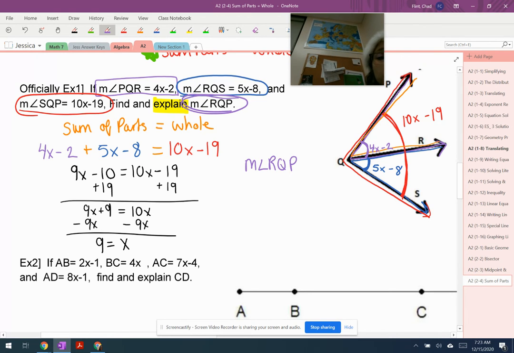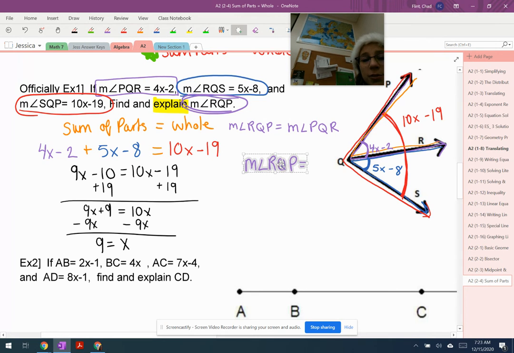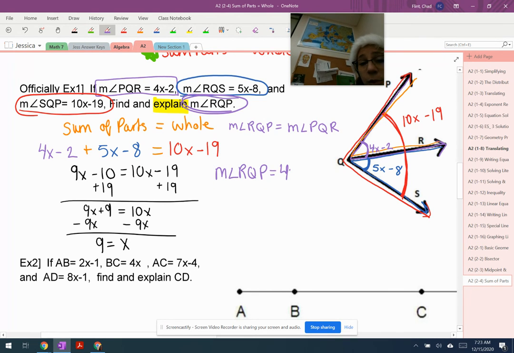First, I think we should write a quick little sentence that says the measure of angle RQP is equal to the measure of angle PQR. Those are the same angles, just written backwards. So the measure of angle RQP is equal to 4x minus 2.